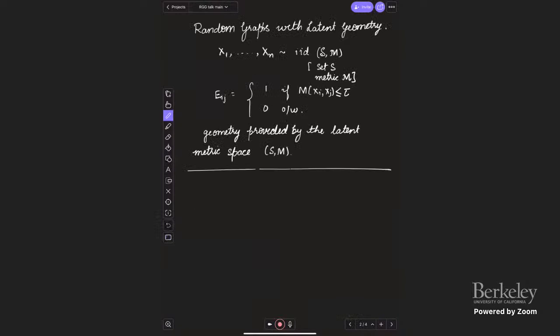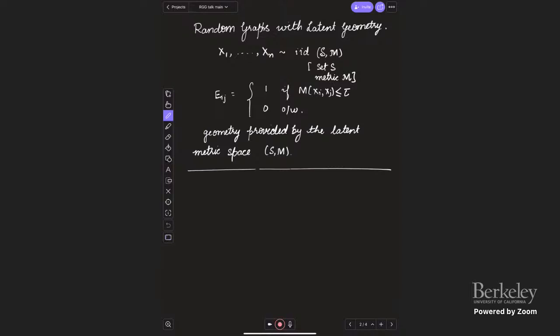This is not the most general form of random graphs with latent geometry. In the most general case, we pick the latent variables x1 to xn, each of them corresponding to a vertex, IID from some metric space (S, M), where S is some set and M is the metric.